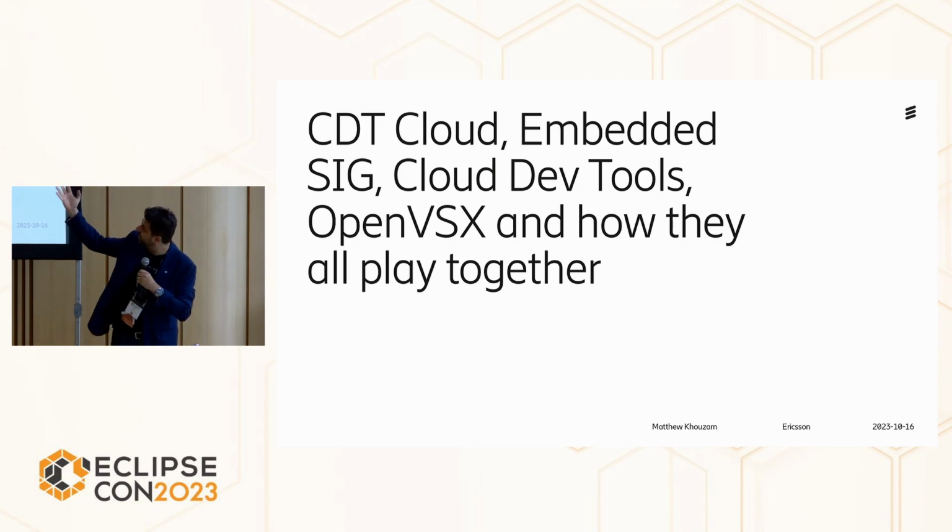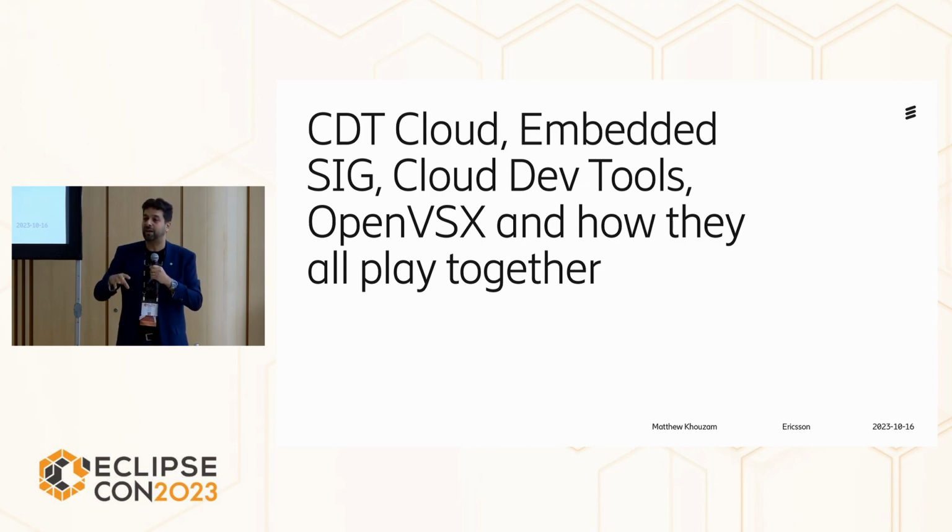Now, this talk in particular is CDT Cloud, the embedded SIG, Cloud Dev Tools, OpenVSX, and how does this all work together? It's more of a story of how the Eclipse Foundation works, and it allows us to work together. There is not very much technical in this talk, and I will forgive anyone that wants to step out in the middle.